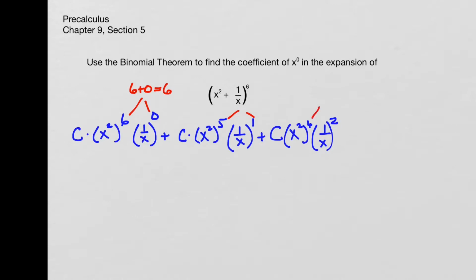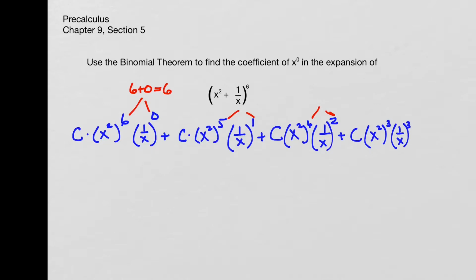And again, 4 and 2 adding up to 6. Plus constant times x squared to the 3, 1 over x to the 3.